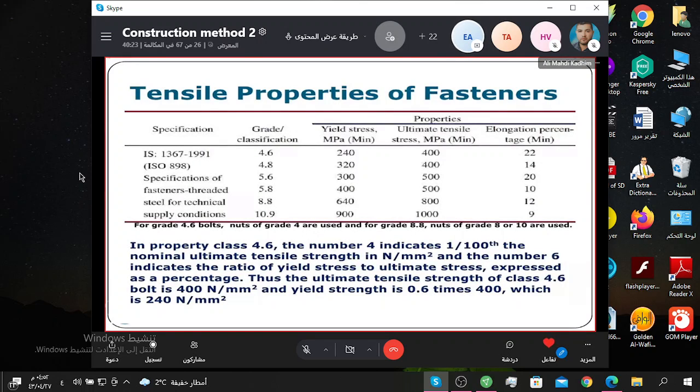The ultimate tensile strength of a class 4.6 bolt is 400 Newton per millimeter square, and yield strength is 0.6 times 400, which is 240 Newton per millimeter square.